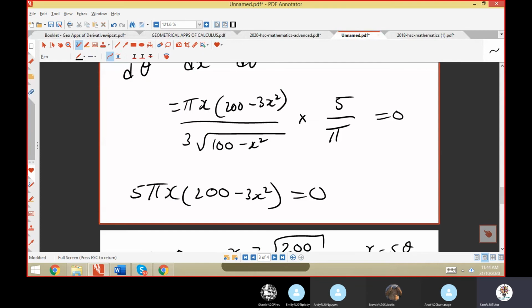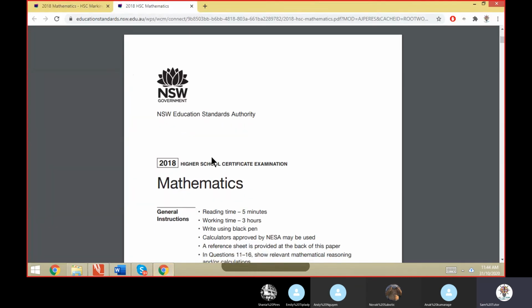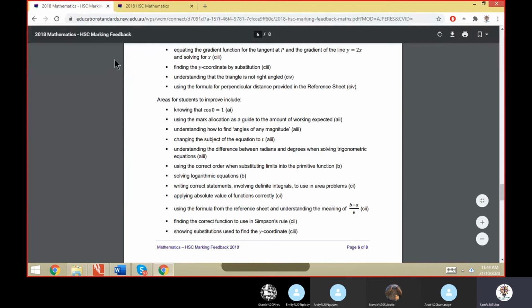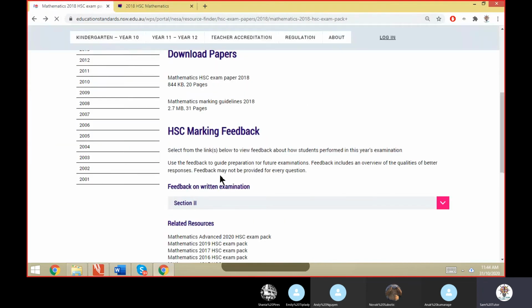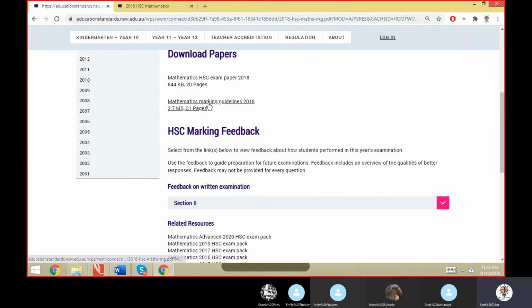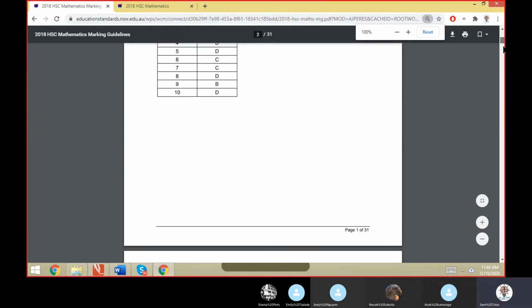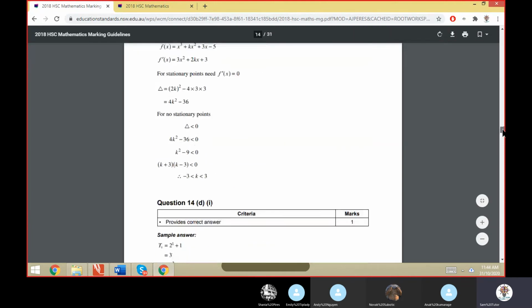Can't pick it up, so we don't waste time. Let's just go and see where I'm going wrong. Damn. That's annoying. Marking guidelines. Where did I go wrong?